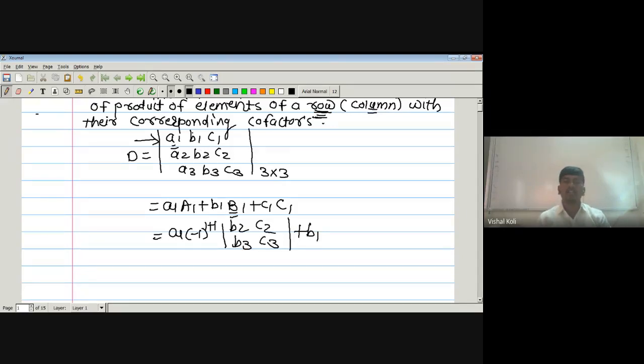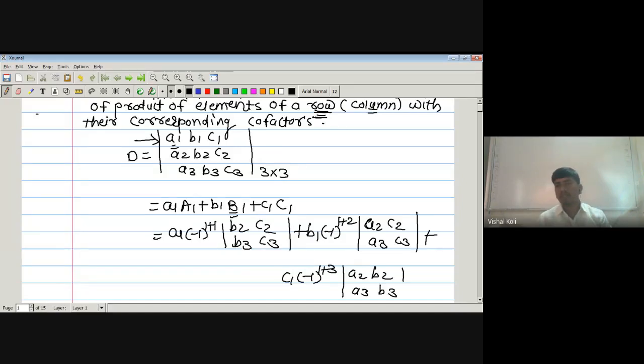Now b1 is present in first row and second column, then it is -1 to the power first row plus second column, and its minor is, suppress the first row and second column, a2 c2, a3 c3, plus c1 into -1 to the power first row plus third column, and its minor will be a2 b2, a3 b3.